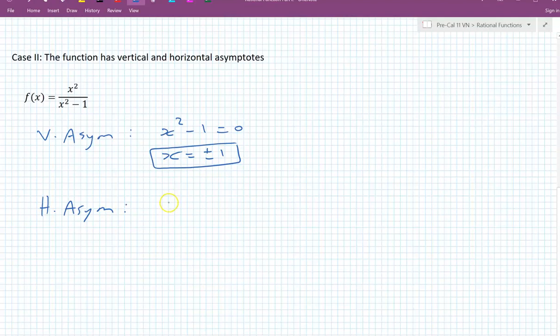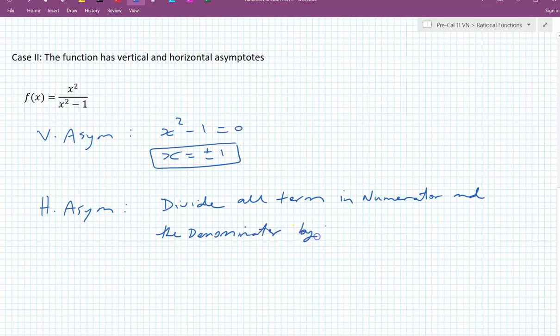You have to divide all terms in both the numerator and denominator by the highest degree term of the numerator.